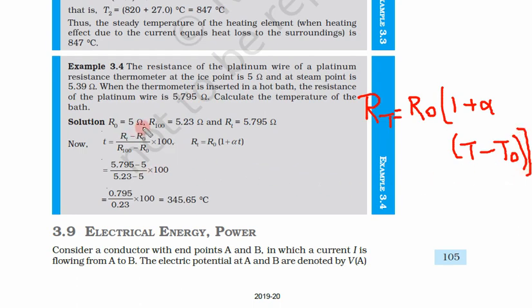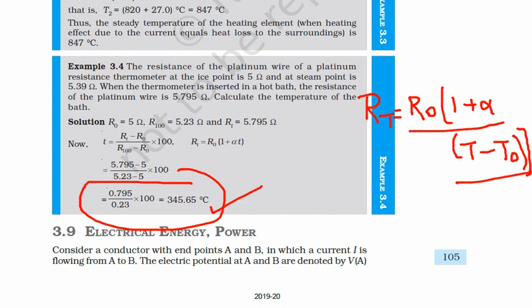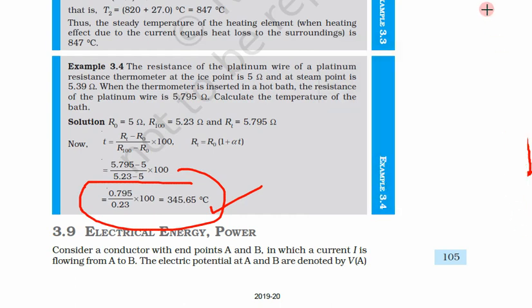In the same way, just like the previous example, we can calculate this T, where T naught is 0 degree Celsius, R naught is 5 ohm, alpha we just calculated, and RT is 5.795 ohms. Okay, so we get the temperature T.